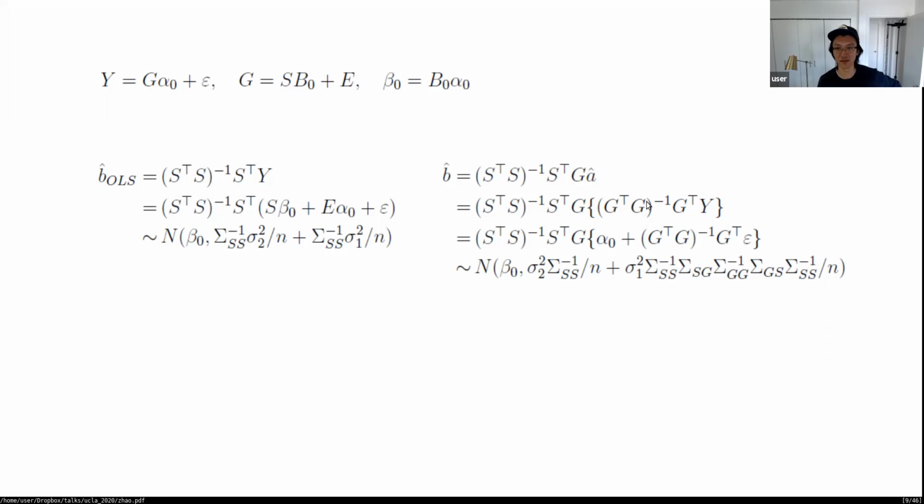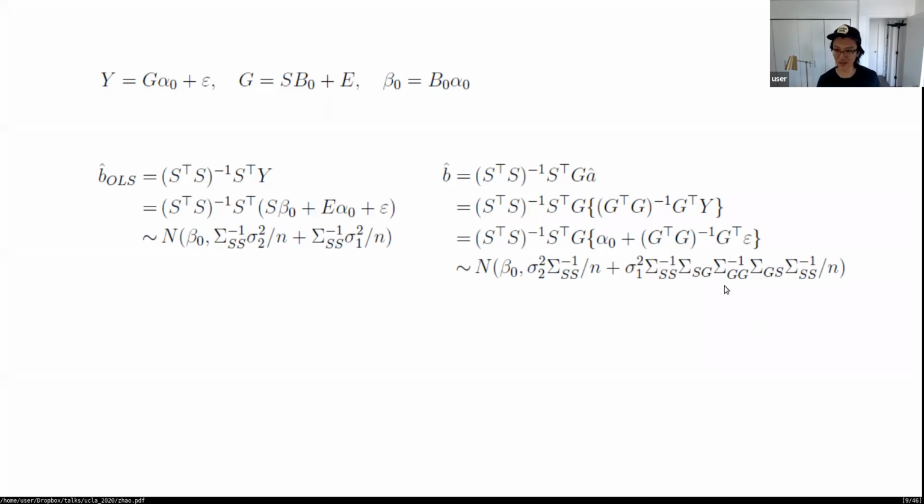I expand Y in terms of these two models here. And then I actually get a different distribution for B hat. So I looked at this and I said, well, what is this?